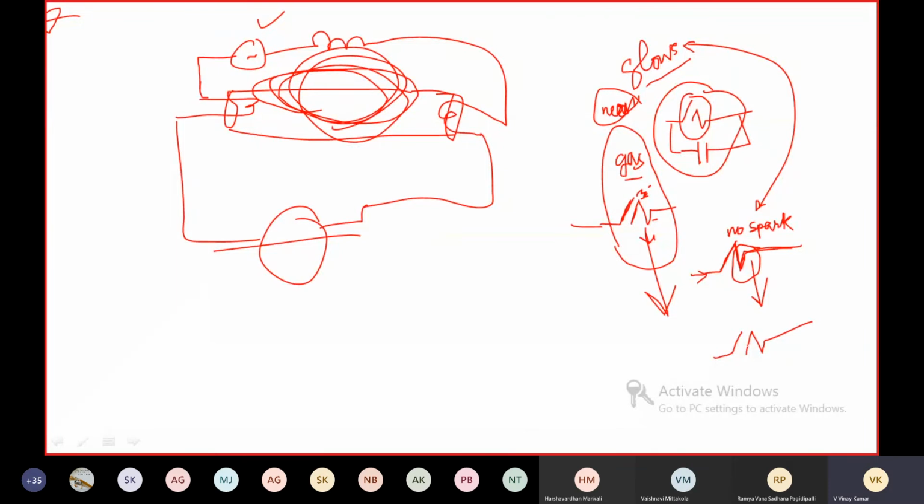When it is moving away from the other electrode, in this case current is flowing. Let some 3 amps current be flowing through this path before opening the switch. Now you are opening the switch, which means you are changing the current from 3 amps to 0 amps within some fraction of time, almost zero time.